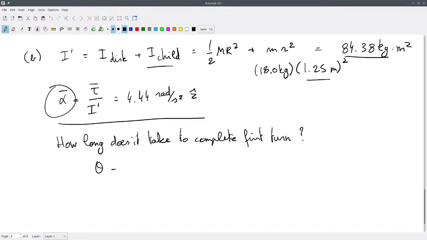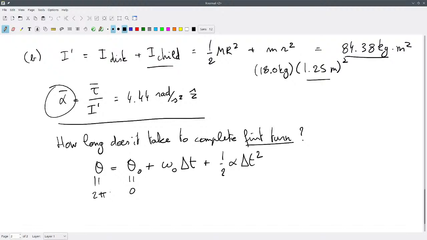We would use the formula that theta is theta 0 plus omega 0 times delta t plus 1/2 alpha times delta t squared, right? That would be the formula that we would use here. And so in this case, we'll start at 0. For the first turn, we'll get to theta of 2 pi.